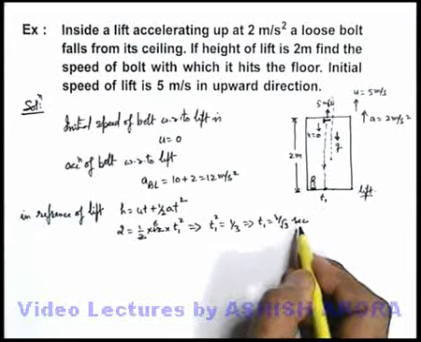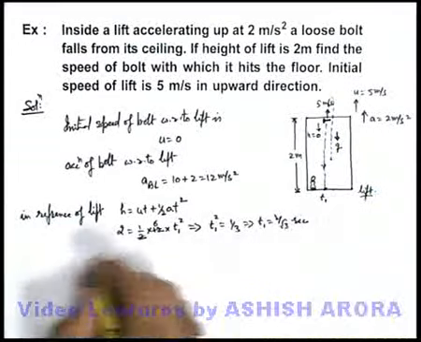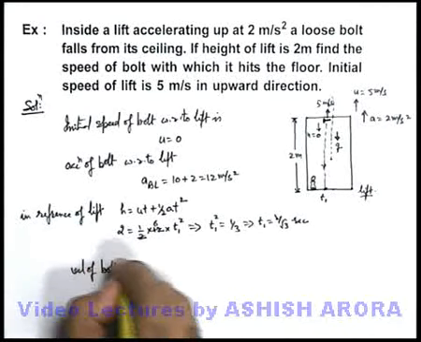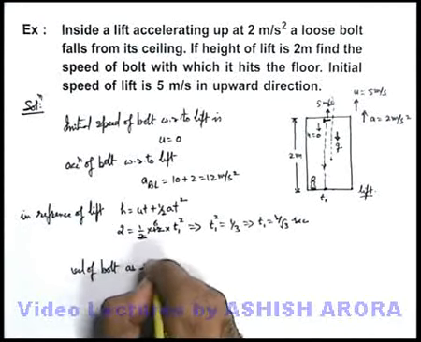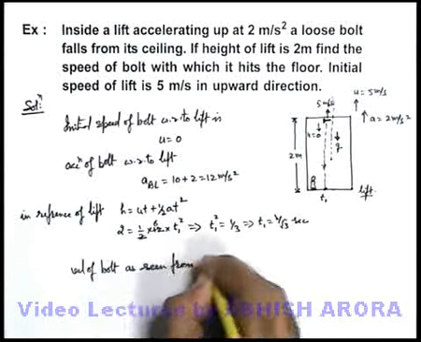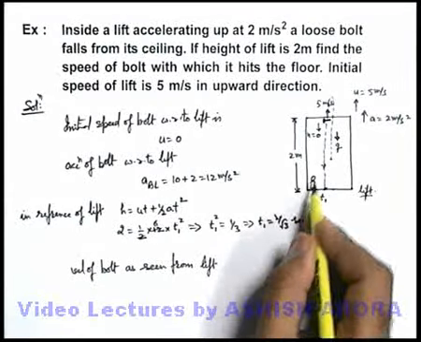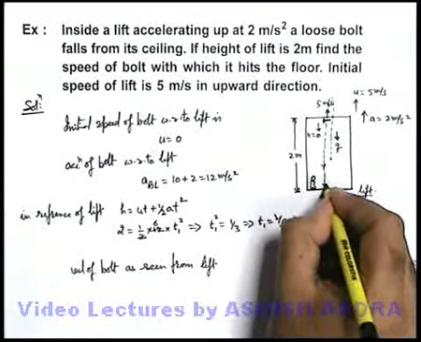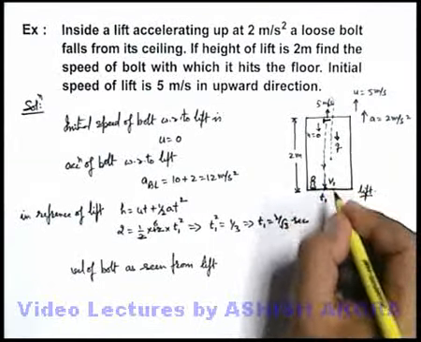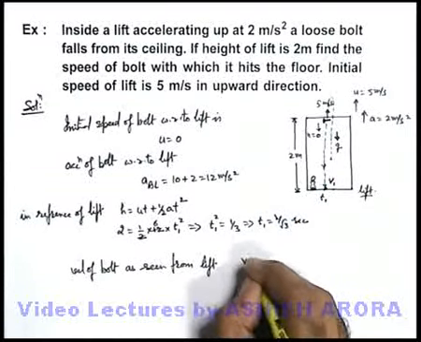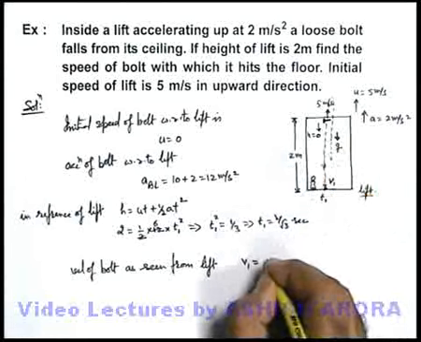Now in this duration we can easily find what velocity it will gain. So if we find the velocity of the bolt as seen from the lift, if the observer inside the lift is looking at the bolt, say it is hitting the floor with velocity v1, so we can simply write v1 equals u plus at.